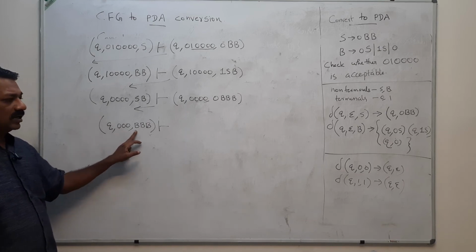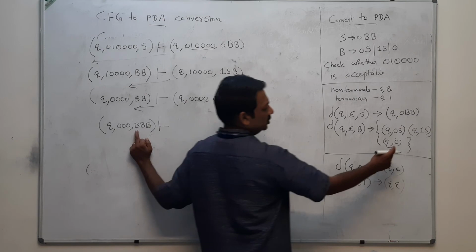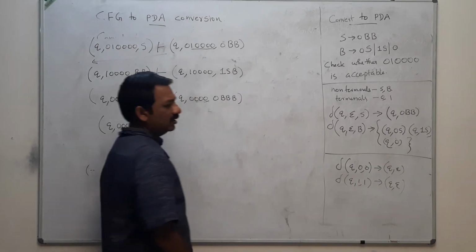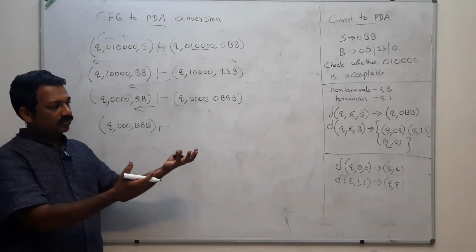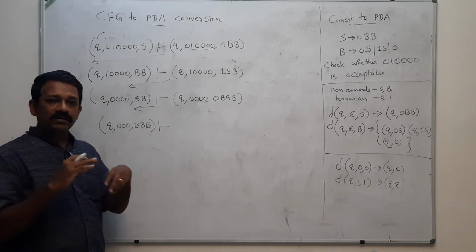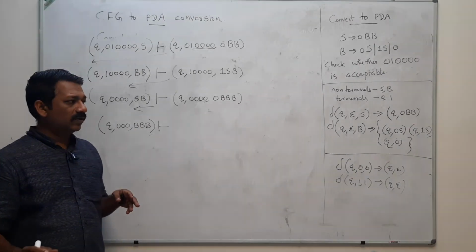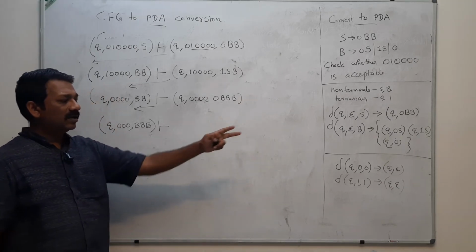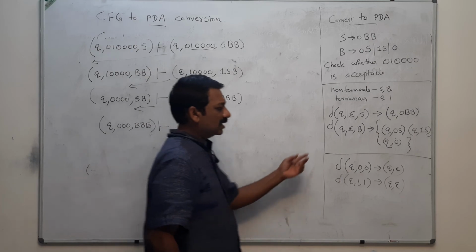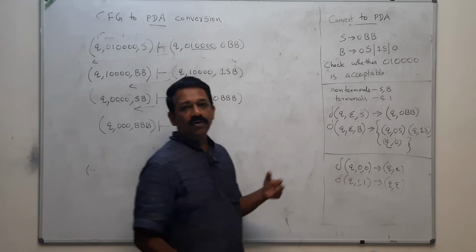Now I am going to intentionally choose this Q0. Actually when you're doing this, you have to take three cases and one of them will be accepted. But in this case, I am choosing this Q0.